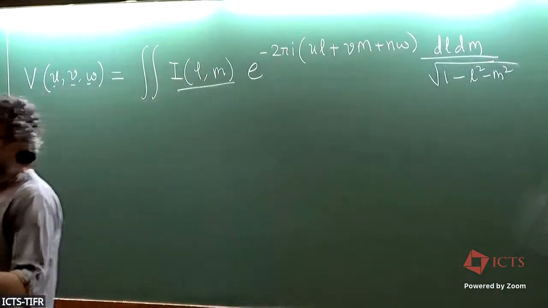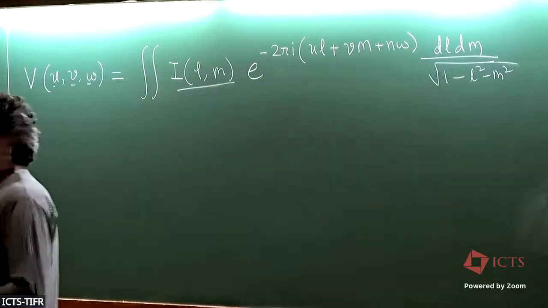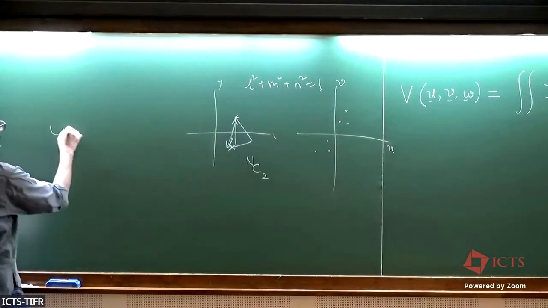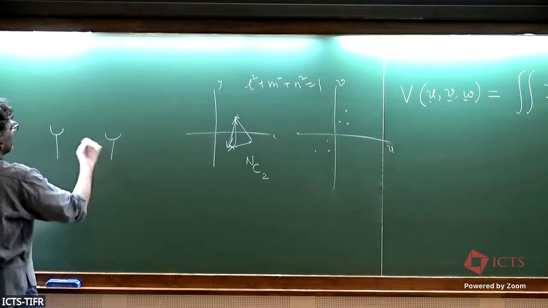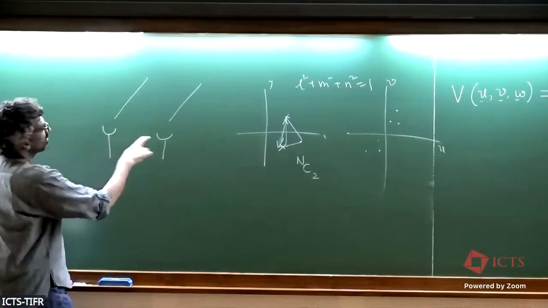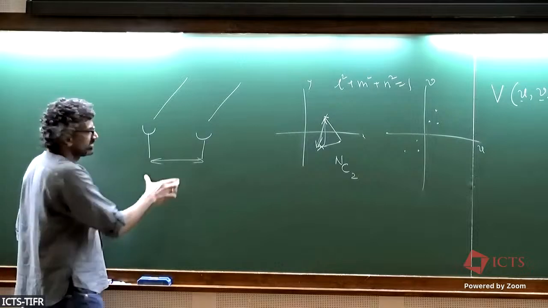However, if I'm looking at another direction, I have the two antennas here on this plane, and I have a source in this direction. Along the direction also, along the line of sight, there is a component, right? So that is the component which is the w component for my baseline vector. If I have two antennas and they are looking towards a source here, okay, then their separation on the plane is this much, right, in the real space.